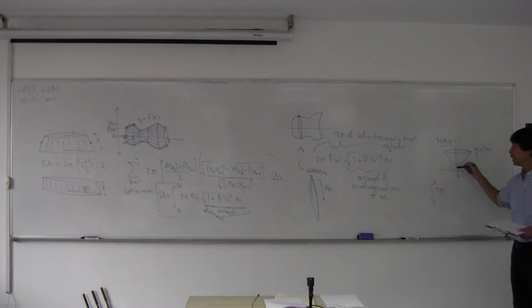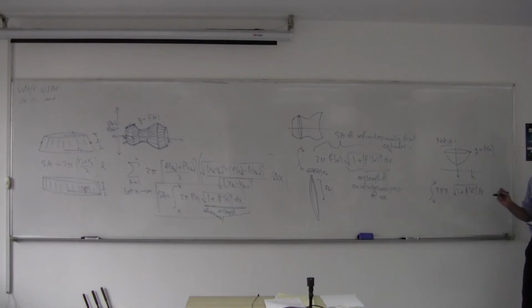It's not f of x, it's x. You get 2 pi x times the square root of 1 plus f prime x squared dx, because you're not rotating it this way, you're rotating it this way.